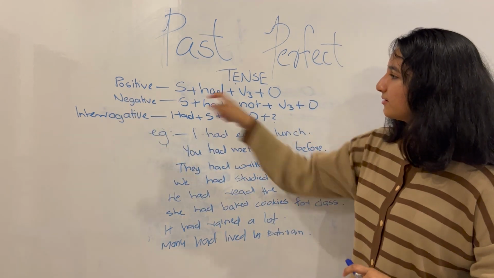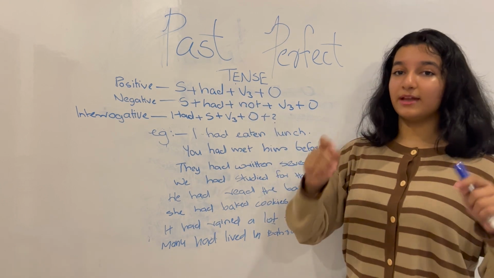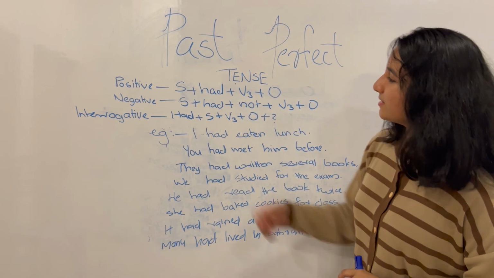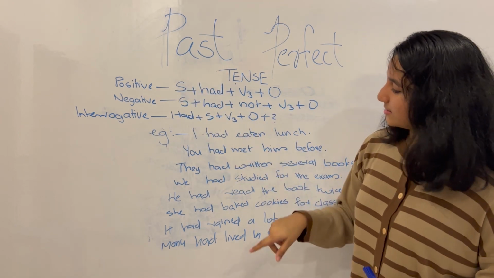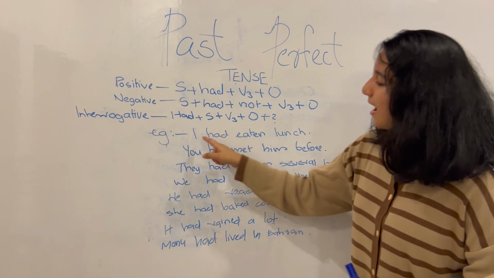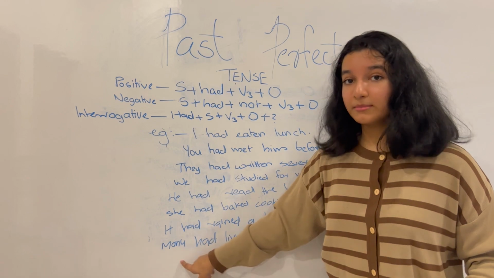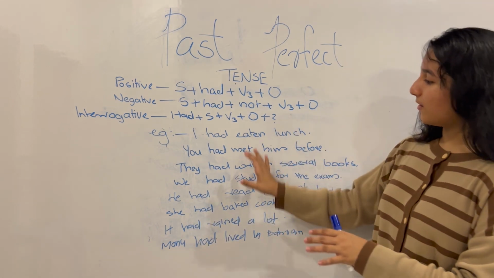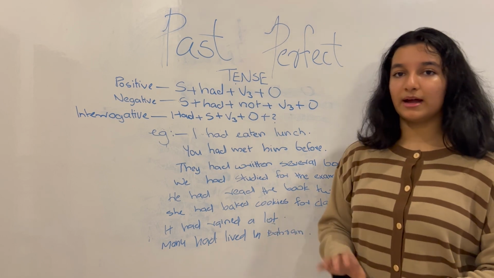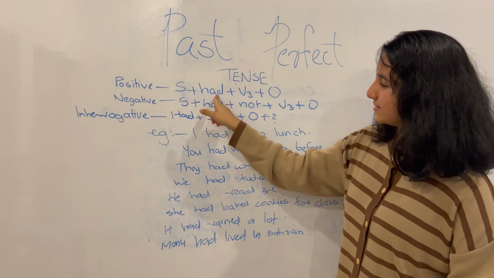Now looking at the positive format and the sentences given below, we can see if they actually match. We have to write the subject first. In all the sentences we can see I, you, they, we, he, she, it, and any name. Over here we have Manu. So you can see in front of all these examples that the subject comes first, and next up, just as it suggests, had.